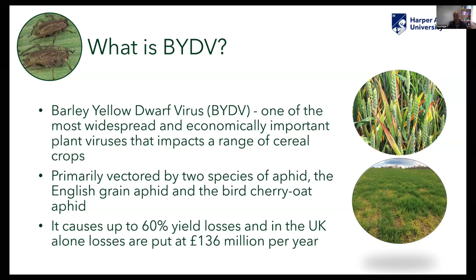All of this means that the barley yellow dwarf virus is causing significant yield losses in UK agriculture and indeed agricultural systems throughout the world. In the UK, for example, we can see yield losses of up to 60%, and it's estimated that the industry loses around £136 million a year. So really significant economic impacts.